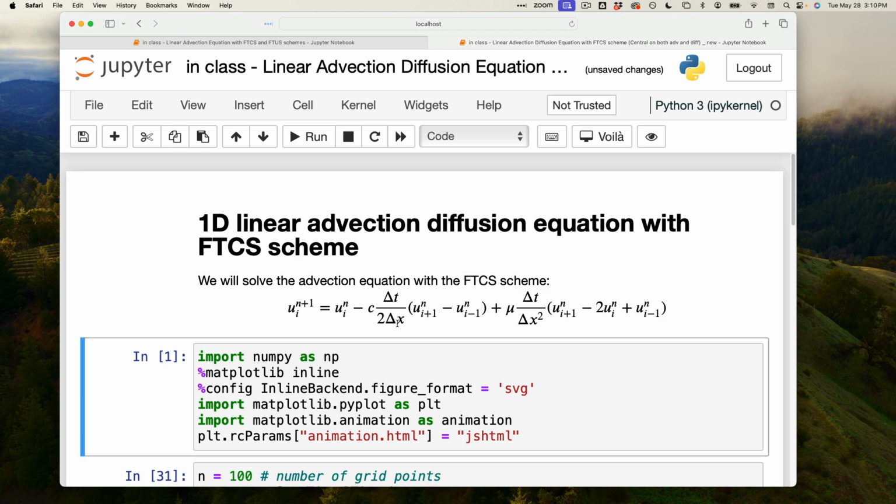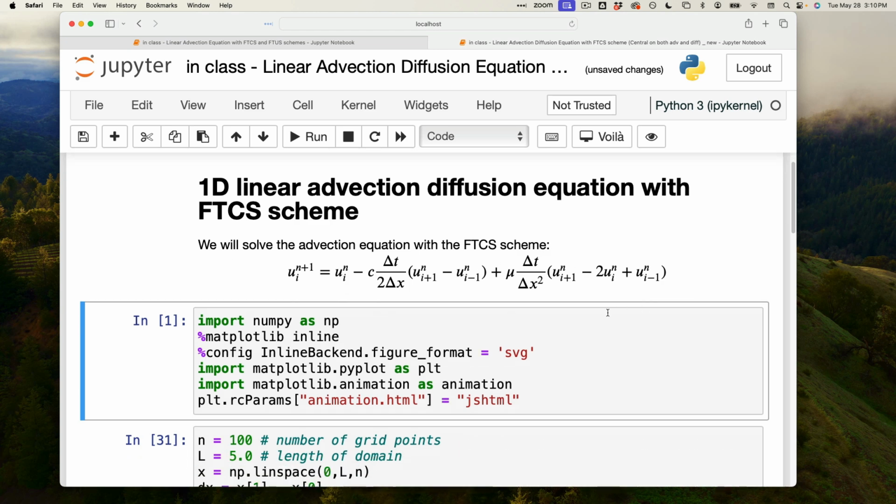So c dt over 2 delta x plus mu delta t over delta x squared. That's what we are implementing. We should be ready to hit this and just make it work. So it's going to advect and diffuse at the same time.